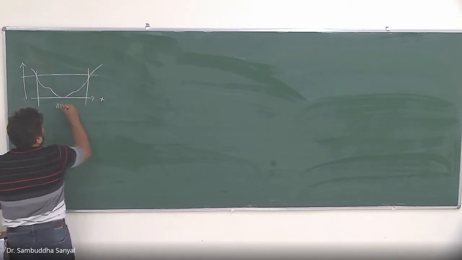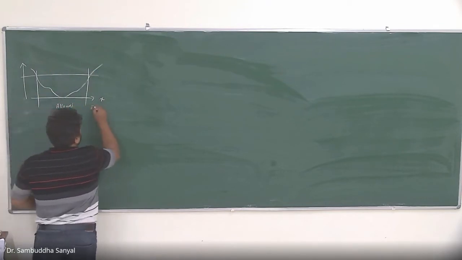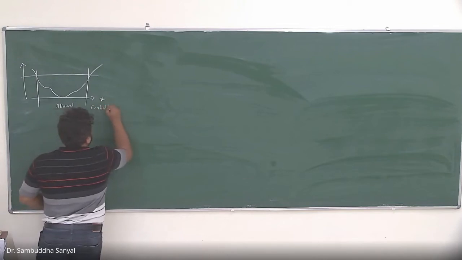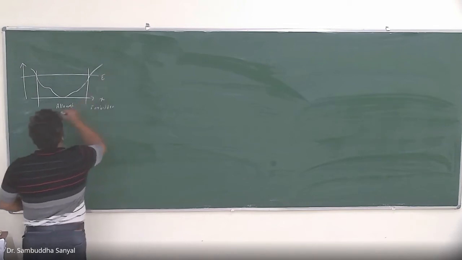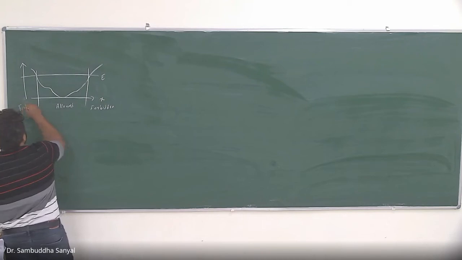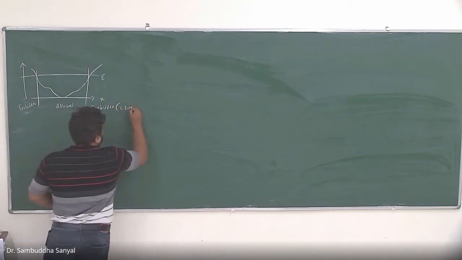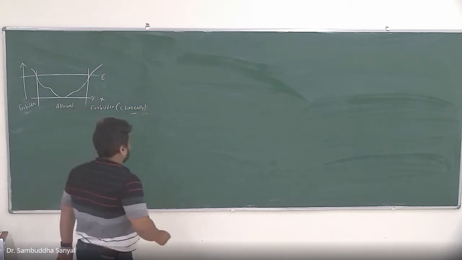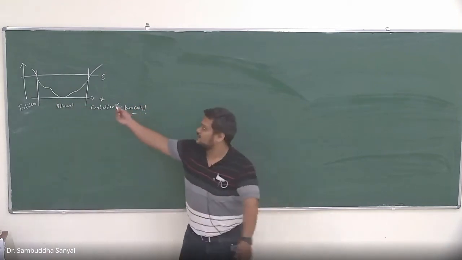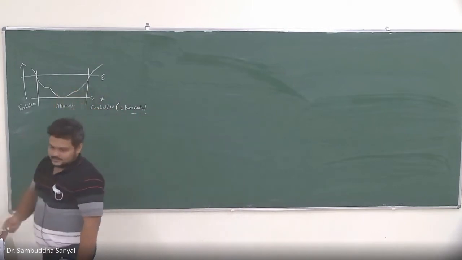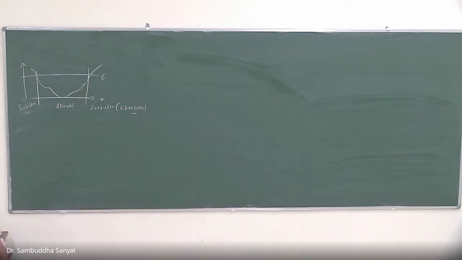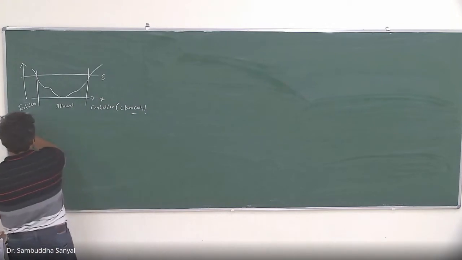So this is allowed, this is forbidden, this is the energy. So the wave function, of course, if you put a ball here, the ball will be stuck. But if you think quantum mechanically, then we learn that the solution will be of this form.